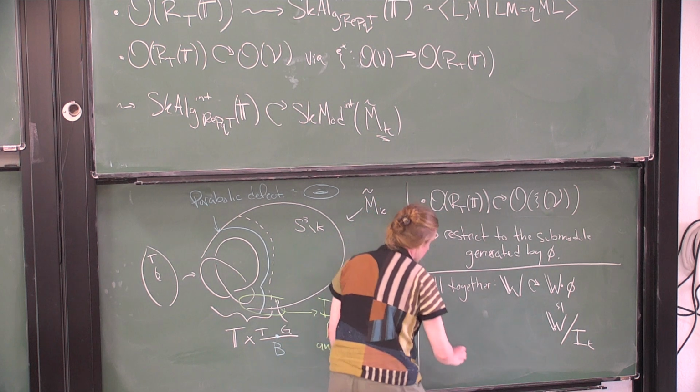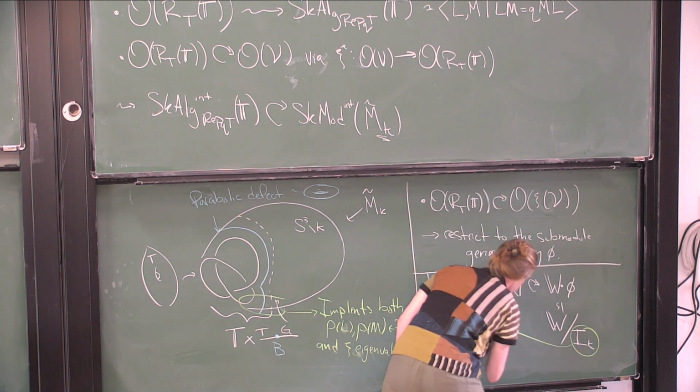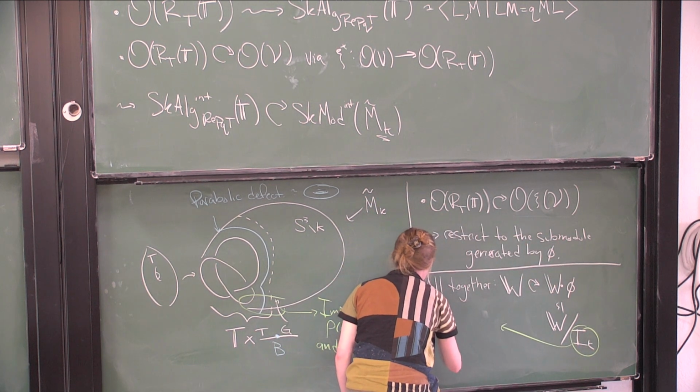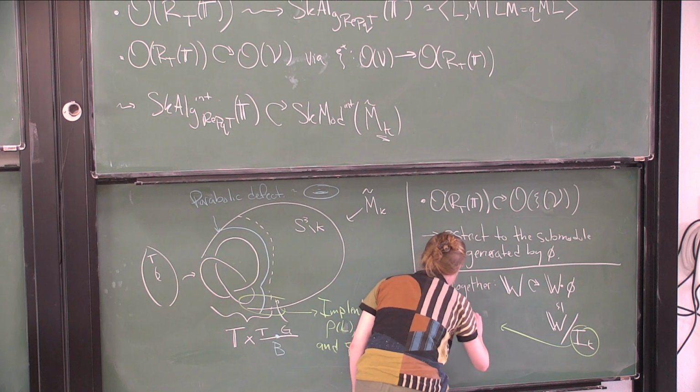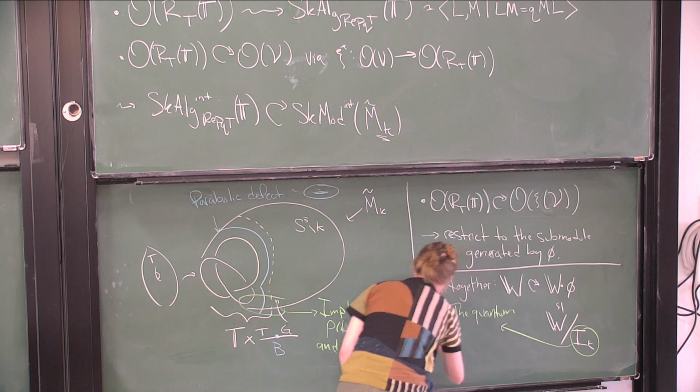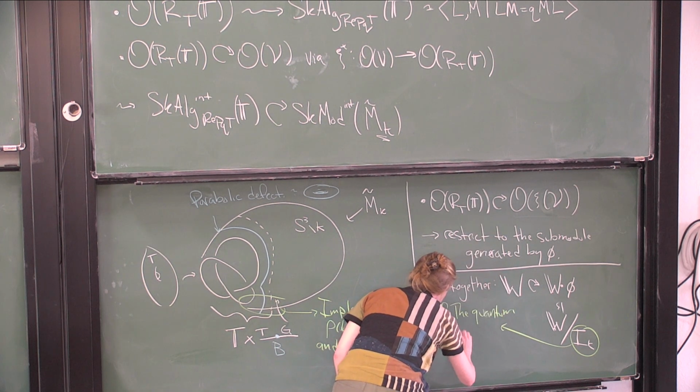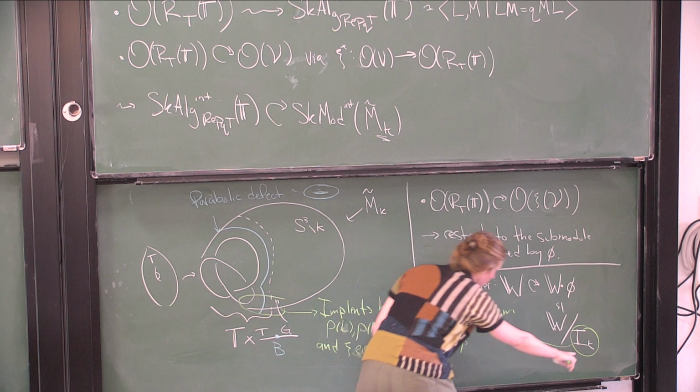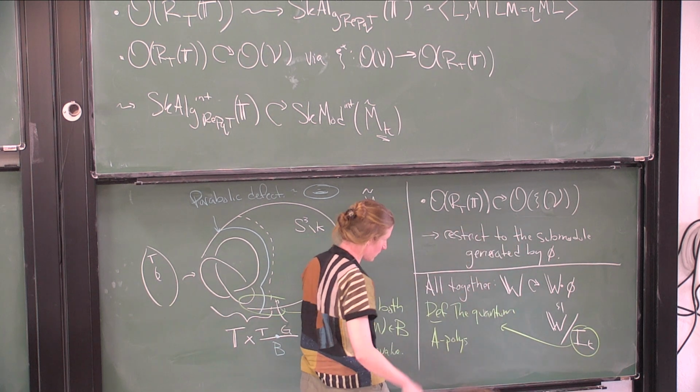And my definition, just to mirror what they had before, is, so here's the definition: the quantum A-polynomials. So here, we're not guaranteed that it's a principal ideal, as far as we understand.